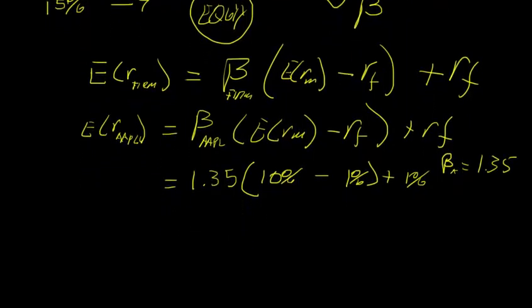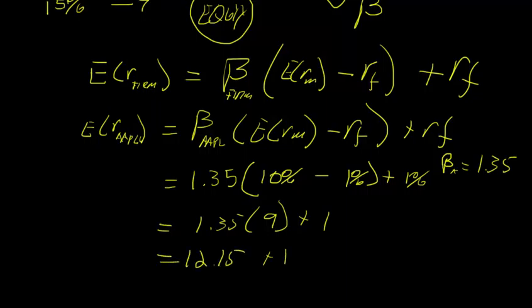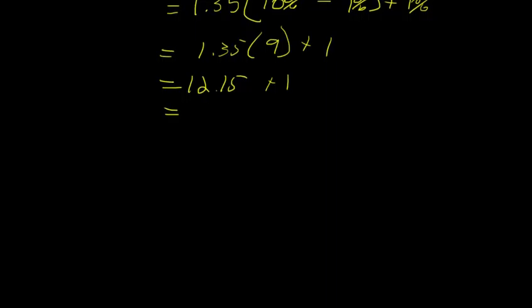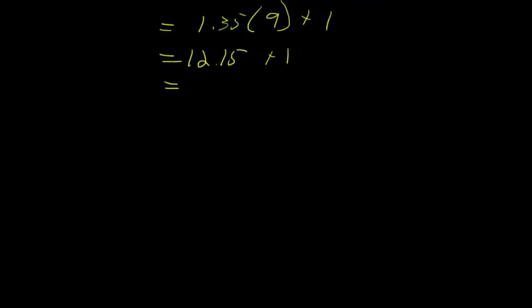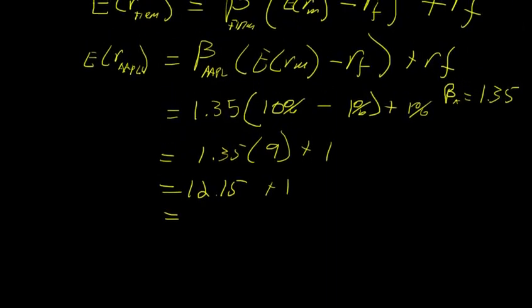Okay, and then it's just simple mathematics. 1.35 times 9 plus 1. What is 1.35 times 9? Where's my calculator? 1.35 times 9 is equal to 12.15. So this is equal to 12.15 plus 1 is equal to, let me get this guy back in the screen.